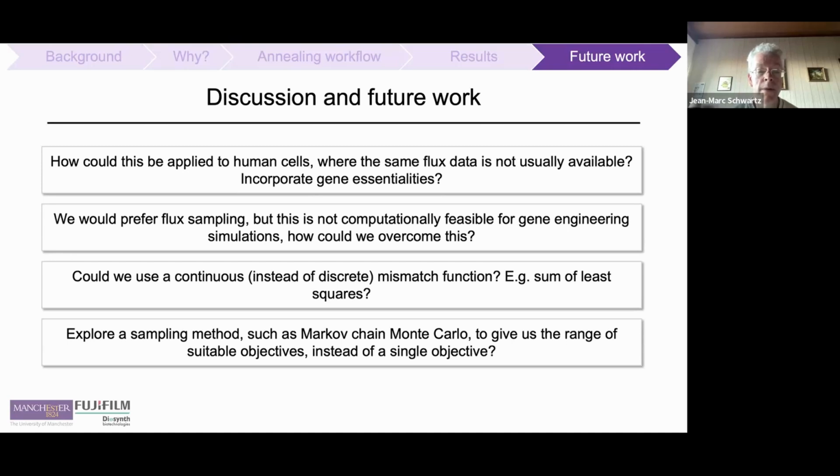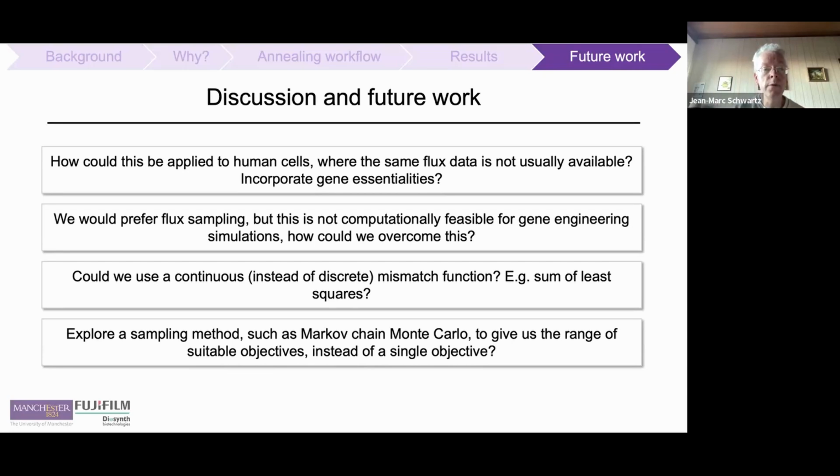There may also be other ways to do that, for example using a Markov chains algorithm, but I would say so far the tests, maybe Kate will correct me if I'm wrong, show that simulated annealing really seemed to work best for the examples that we tested.